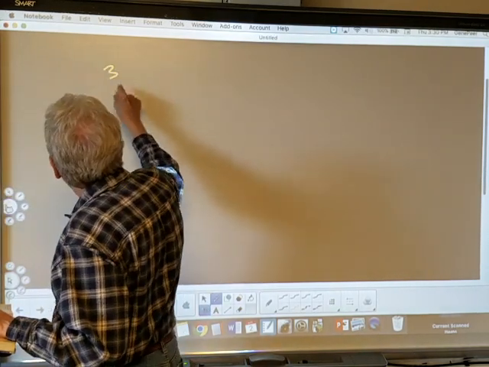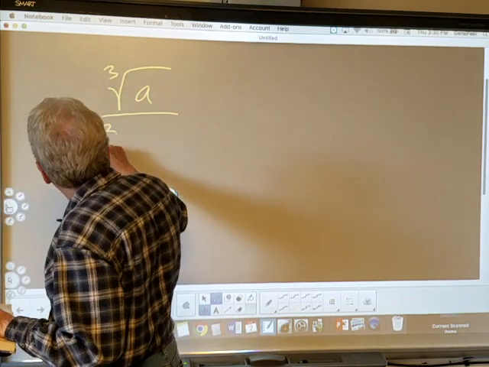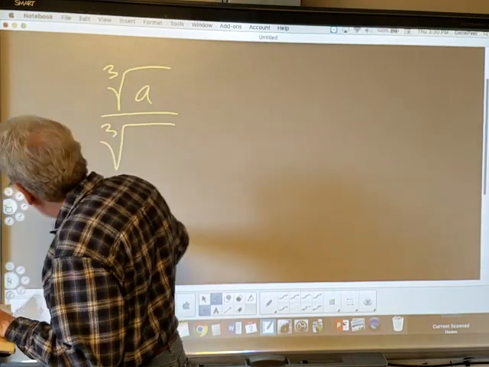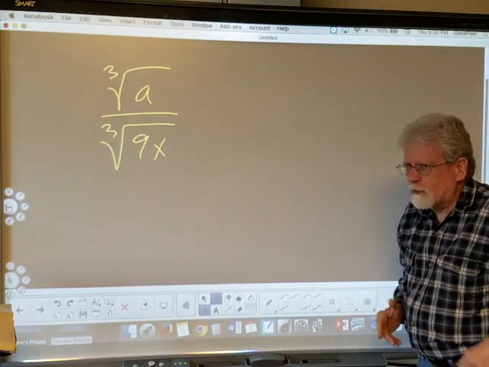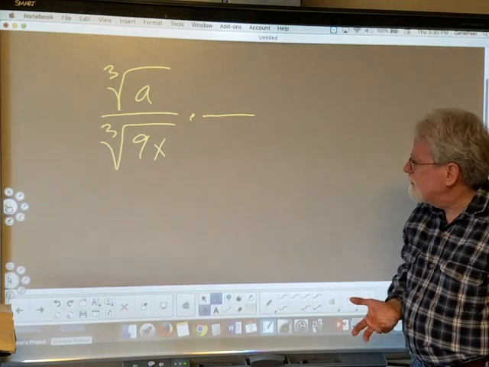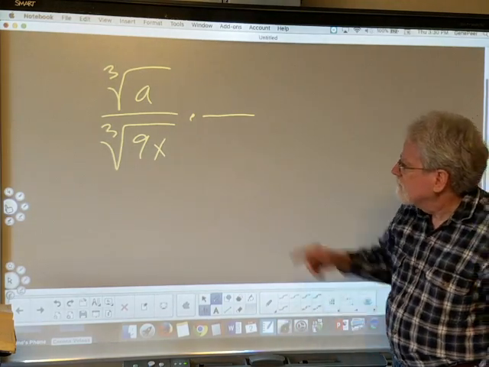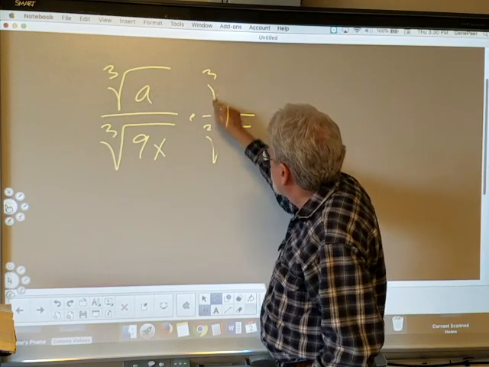Cubed root of a over cubed root of 9x. All right. Well, same story, folks. We're going to multiply by a very cleverly chosen name for 1. We're going to multiply by a cubed root of something under the cubed root of something.